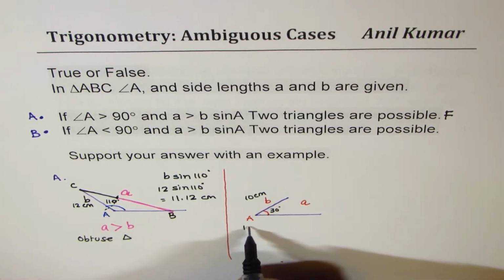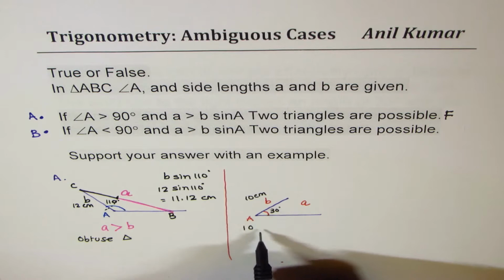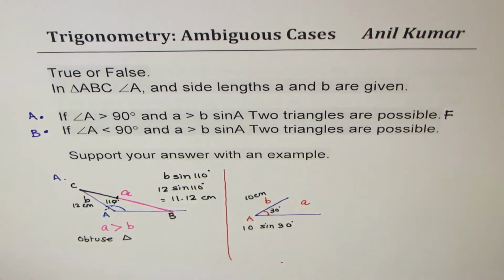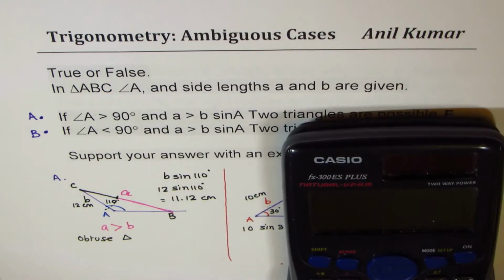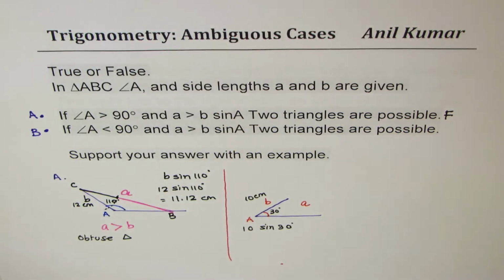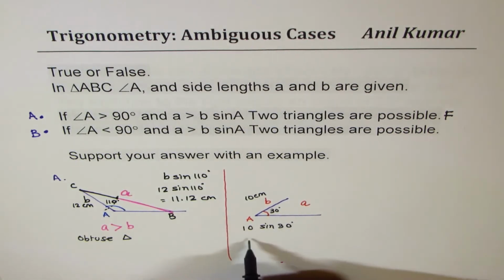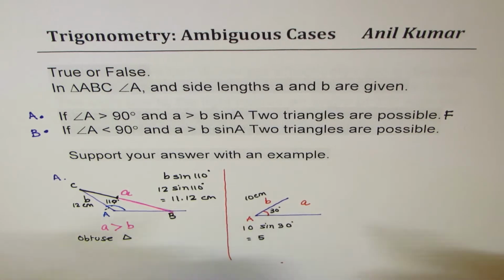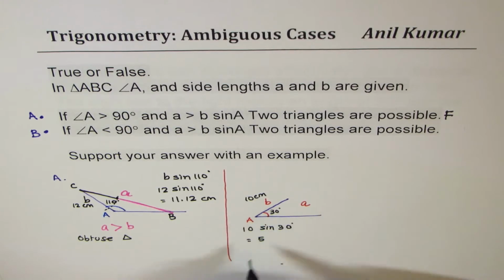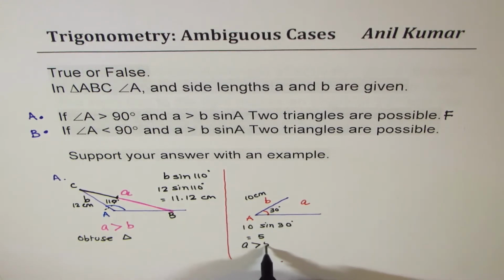Now what is 10 times sine 30 degrees? Let's calculate. So 10 sine 30 equals 5, half, right? So 10 sine 30 is 5. And therefore, what we are saying here is that if A is greater than 5 centimeters, then we have two triangles.